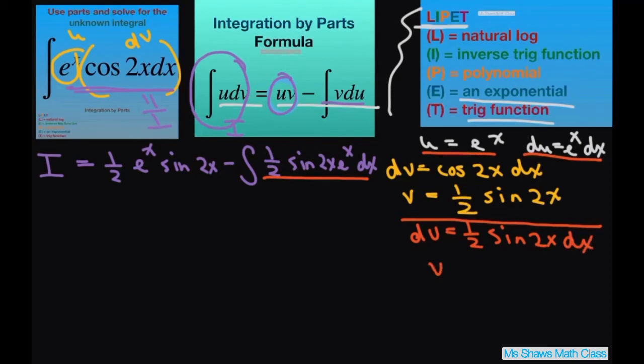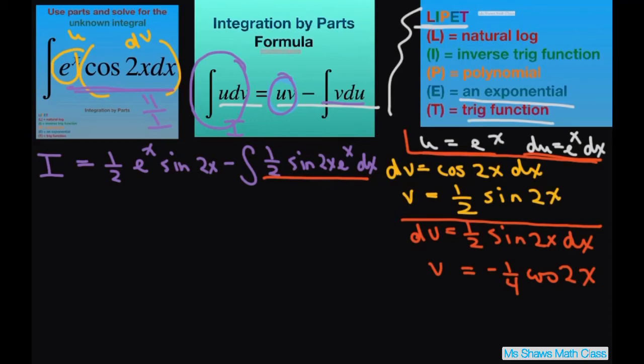Therefore, our v is going to equal negative 1/4 cosine 2x. All right, again, our u is going to be the exact same thing it was before. So now let's go ahead and simplify this.